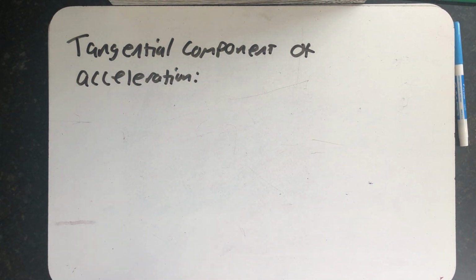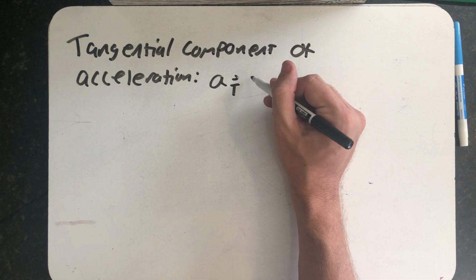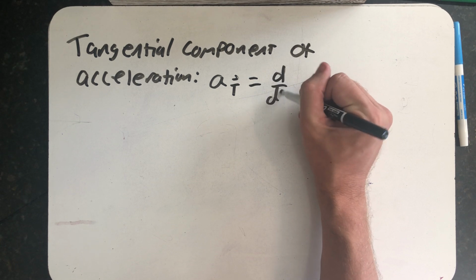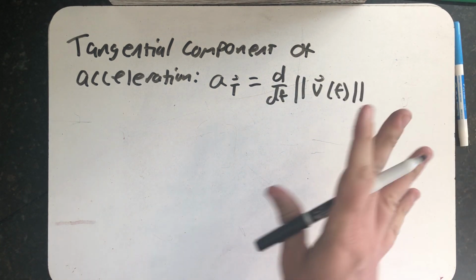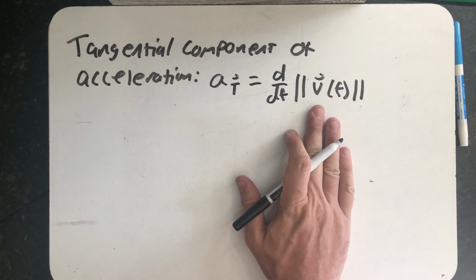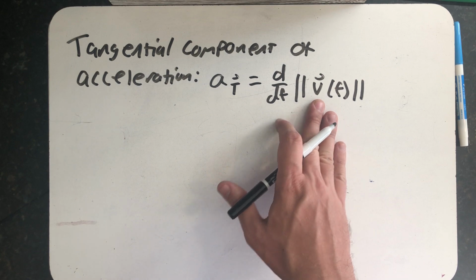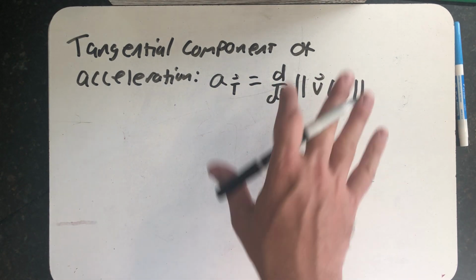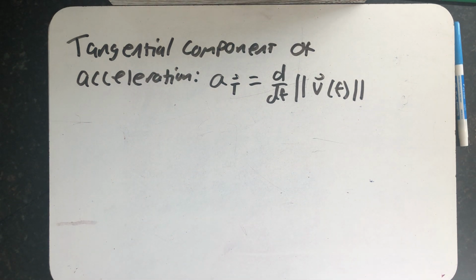So, the tangential component of acceleration, if you look through the handout, A sub T is the derivative with respect to time of speed. The acceleration in the direction of motion is the second derivative of some kind of position, right? This is ds dt, right? Take one more derivative. This feels like a Calc 1 problem, right? The derivative of speed gives me acceleration in the direction of motion, in the tangential direction.